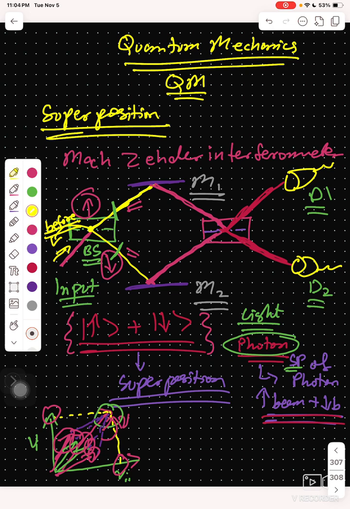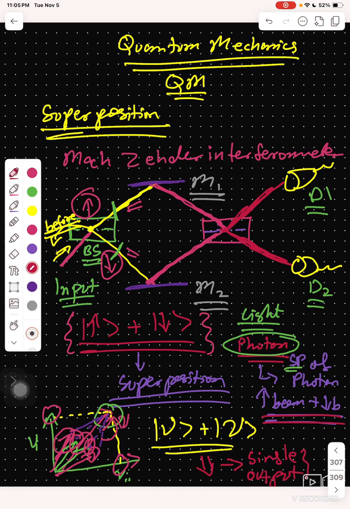If I write it as a superposition of the vectors, each vector, even though they're different, gives a single output, a single probability. In the end we get the same answer.